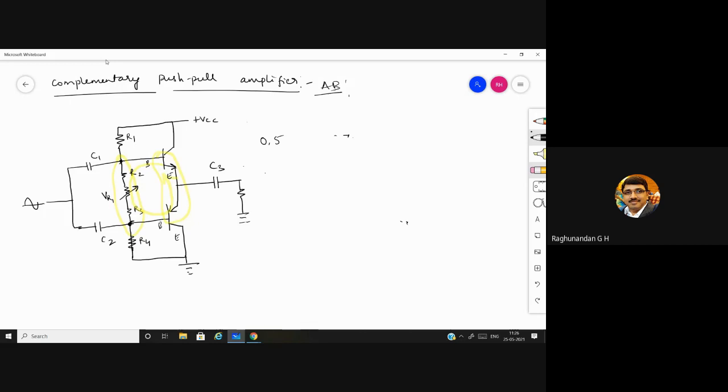Why? Because if you allow the signal, and suppose the signal is a combination of AC and DC, that means some DC component is mixed with this input signal because of some errors in the power supply or any other reasons. I'm telling this condition under the absence of C1, C2. What will happen?